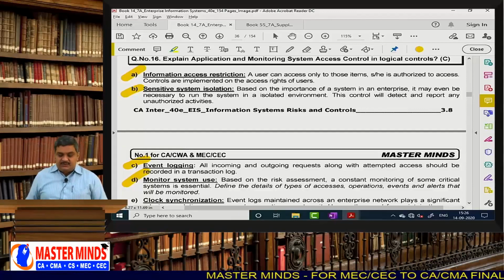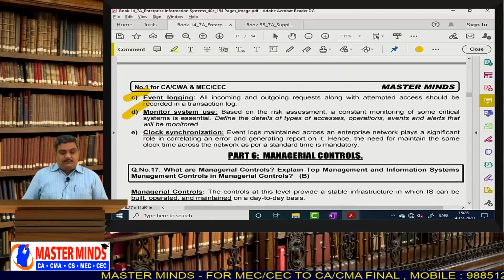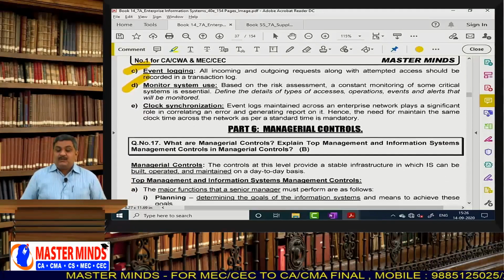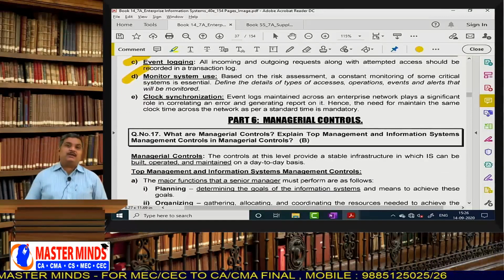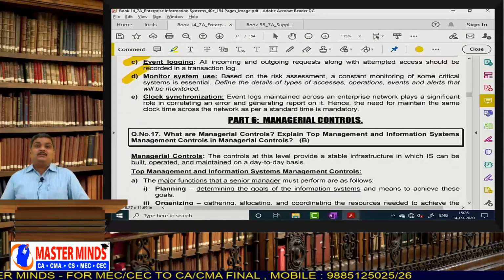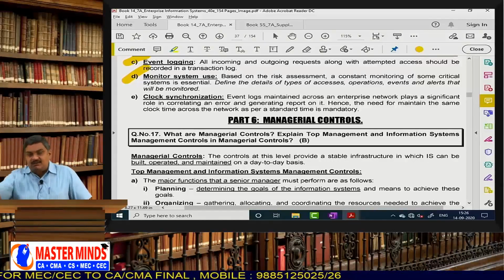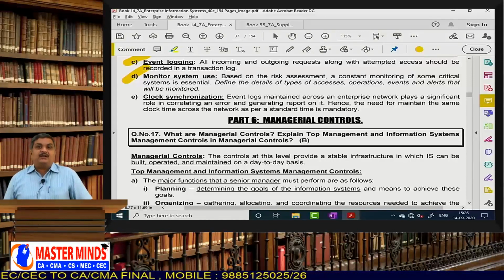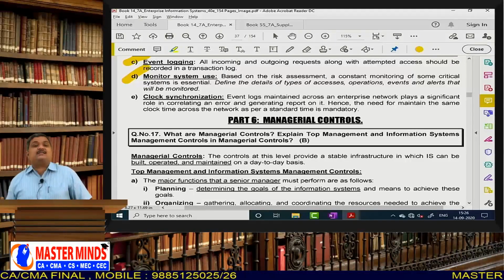Monitor the system use means what? There will be some critical systems like the systems in the finance department, the systems in the operations department. So there will be some critical systems from which very important files are being accessed.